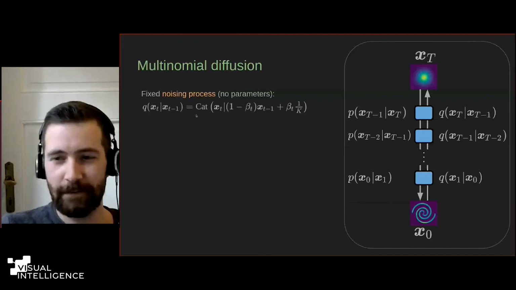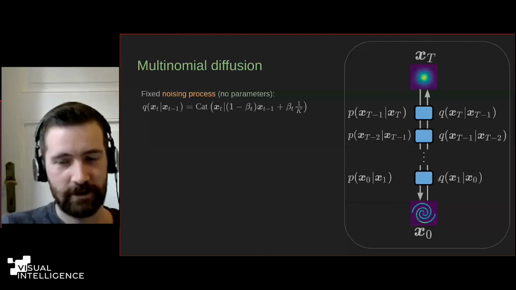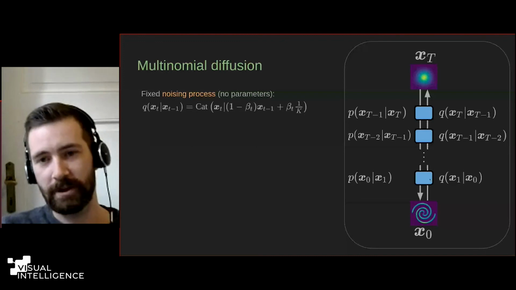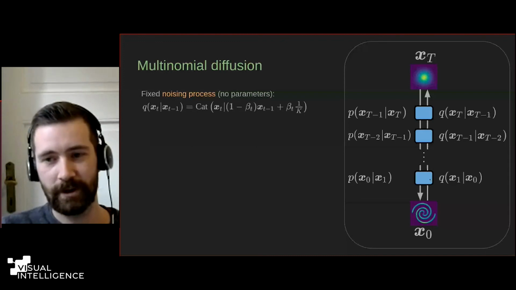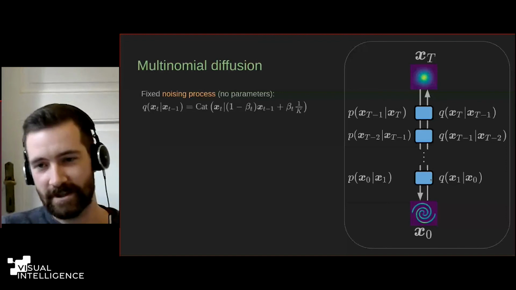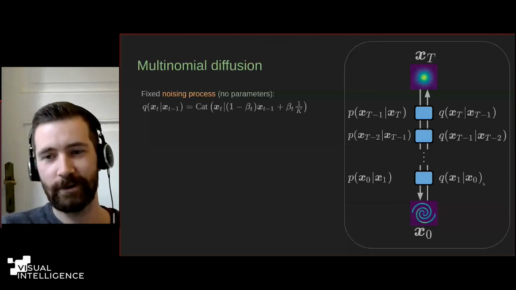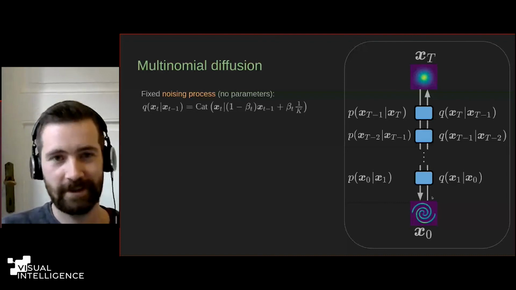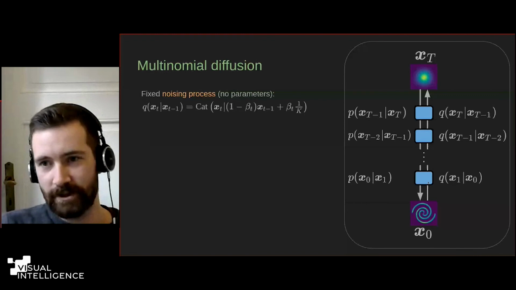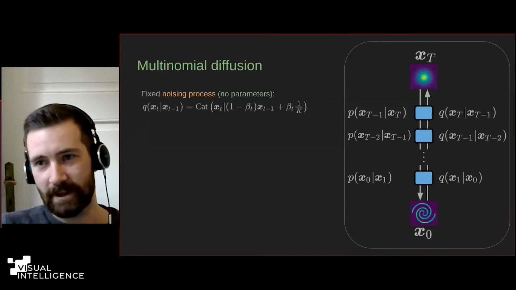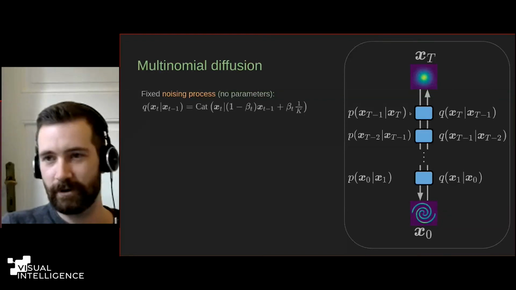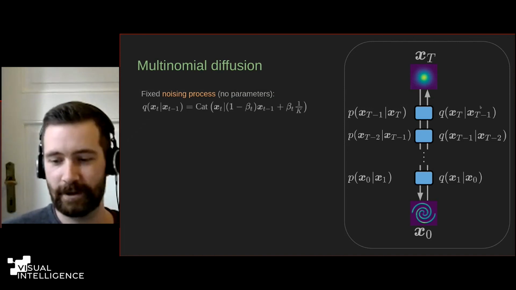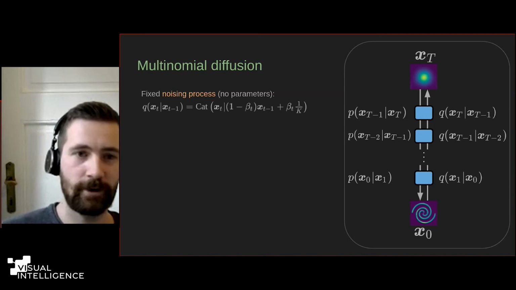So at every step, instead of adding a little bit of Gaussian noise, with some small probability, we randomly sample another category. So if it's a string of text, at every layer, some of the characters will be randomly scrambled, and the rest will remain the same. And we do that over something like 1,000 layers until all your characters are essentially completely scrambled. So you can't really recognize the original text anymore.